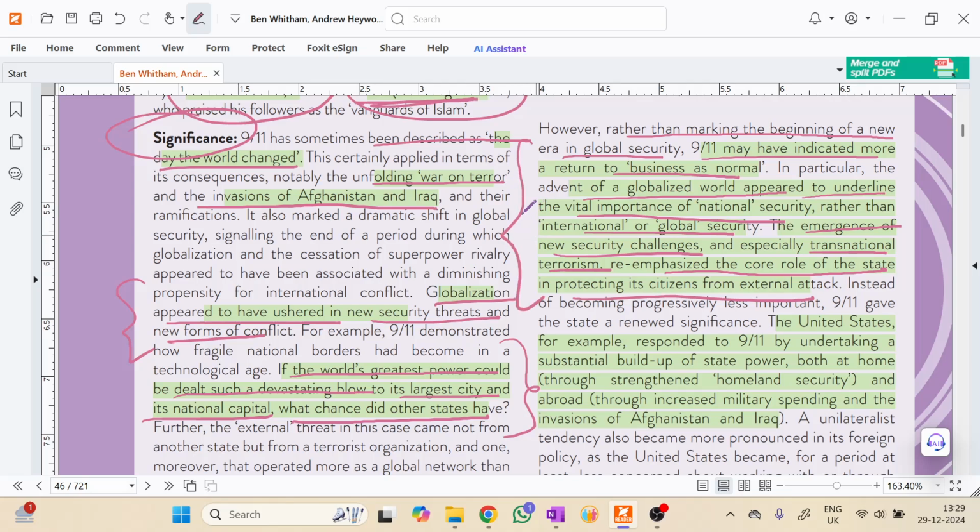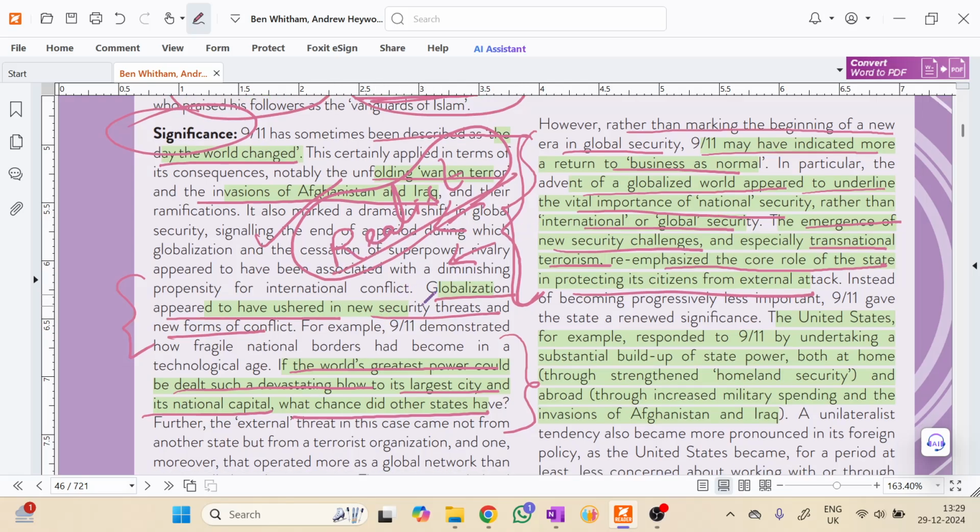So it has once again brought the realist view of international politics into focus. According to them, the state is necessary, and even if the world is globalized, the threat to national security looms large all the time.